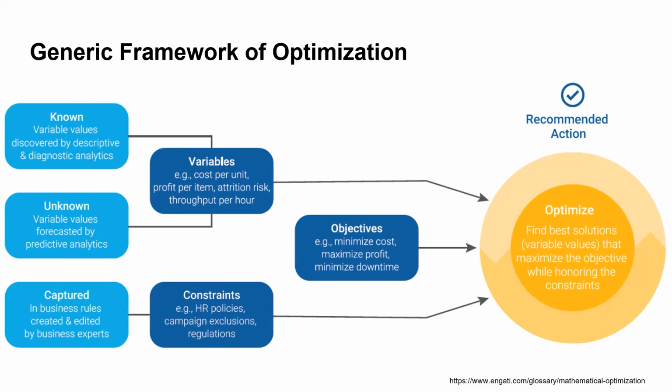Then objectives. Now, what is my objective? What do I want to do? Do I have to minimize something, maximize something? What is it that I want to do? So that becomes the objective of the optimization problem. So all these three things are put inside our algorithm, which finds the best solution that maximizes the objective we are looking for, with respect to the constraints.